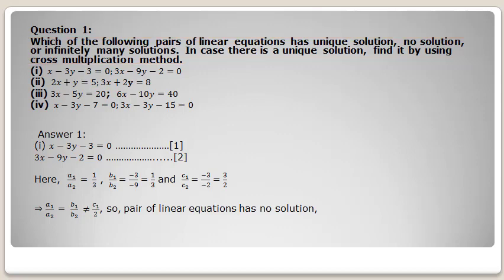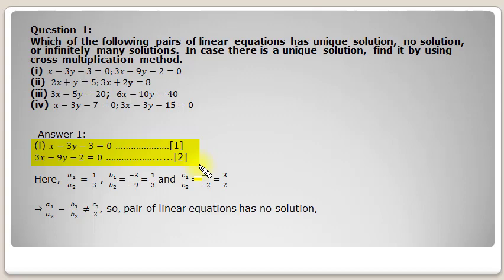In the first part of this question, we are given a pair of linear equations, which is x minus 3y minus 3 equals 0 and 3x minus 9y minus 2 equals 0.